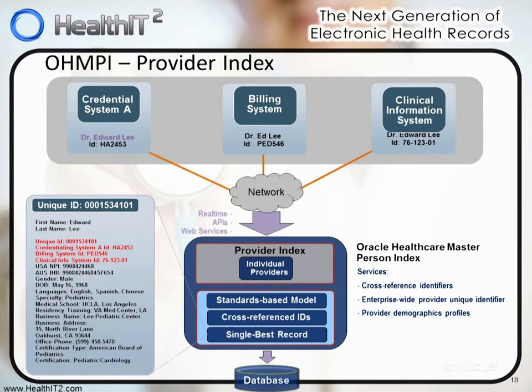As they're indexed, we have that single best record which gets created, and that single best record will have that hybrid view of information. Part of that provider record also ties in all those different local ID numbers from those different source systems. So at the end of the day, we've got an enterprise ID number, which on the left is highlighted in red as unique ID, which ends in 4101. And underneath that, it's tying together the local system records, which you see the 3 there, the HA, the PED, and the 76 number there.